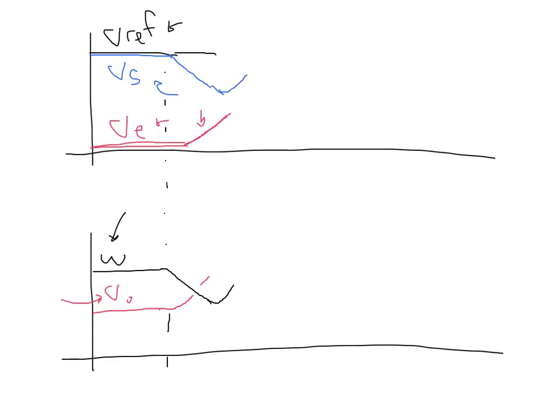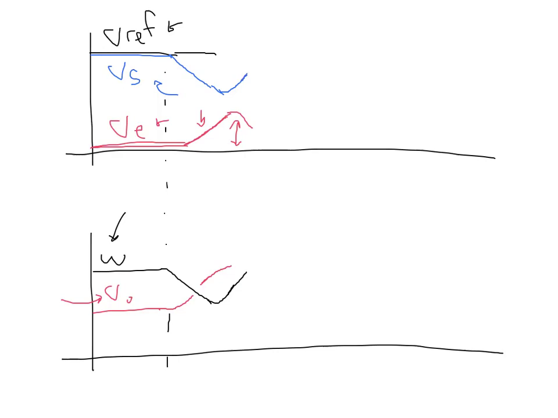As Vs starts to increase, V error starts to decrease. And as V error starts to decrease, VO, see V error is still a positive number, VO starts to increase slower, so it's slowing down, but it's still increasing, so omega is still going up.